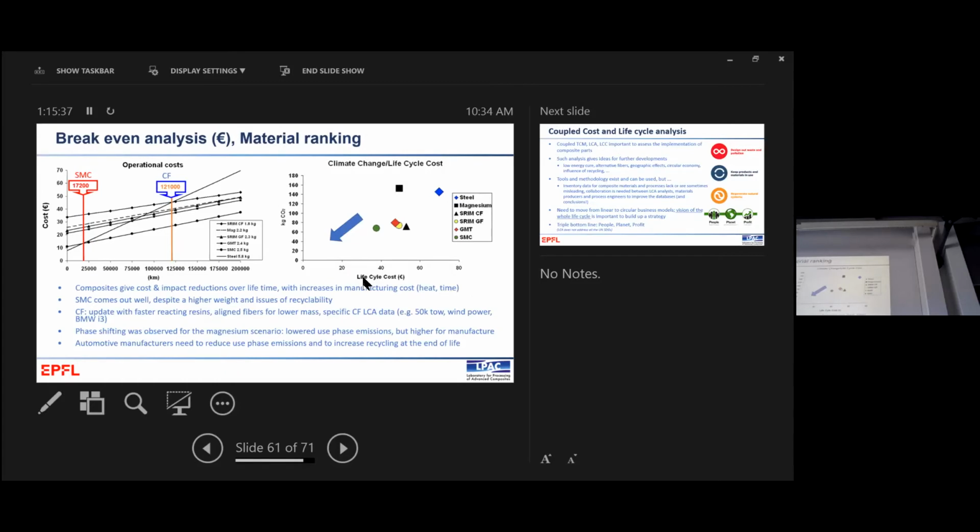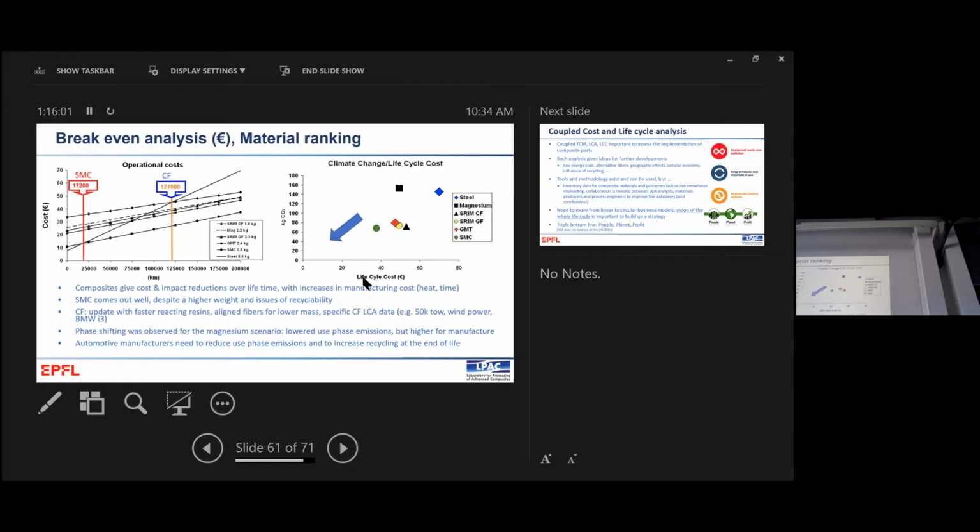So you can then start to do a sort of break-even analysis. It's not really a financial break-even analysis, but cost against kilometers. That's total cost of raw materials, manufacture, and life cycle costs, comparing different materials. Your baseline here is steel, this line here. You're spending lots of money as you drive more and more kilometers.